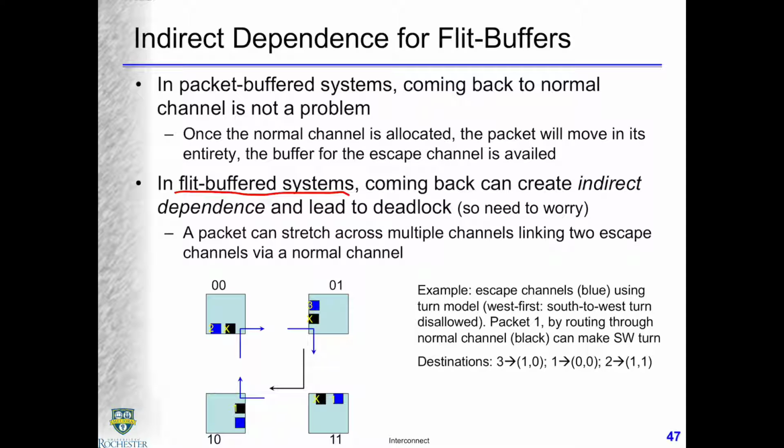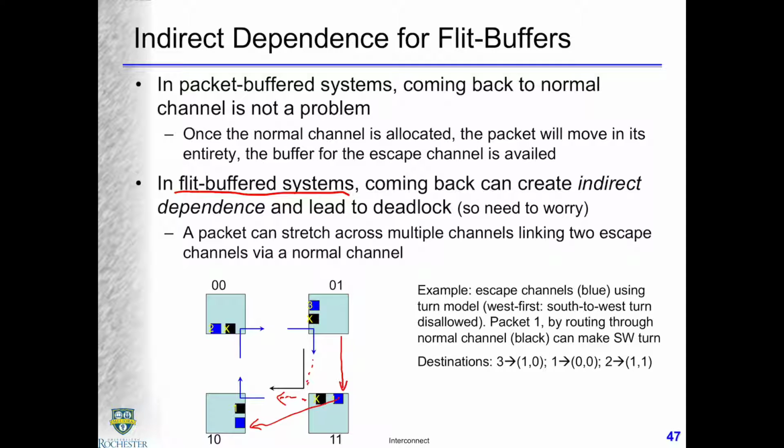The black one is the regular VC, the regular virtual channel that allows any turn. The blue one is an escape channel, and it disallows the turn that is missing here, right? If you follow this order, this is not allowed. Okay, so if you're in a blue buffer, and you're coming from here, you cannot go into that flit.